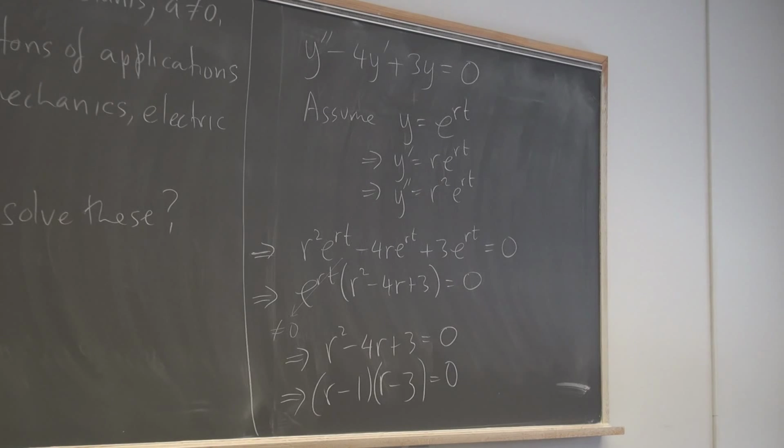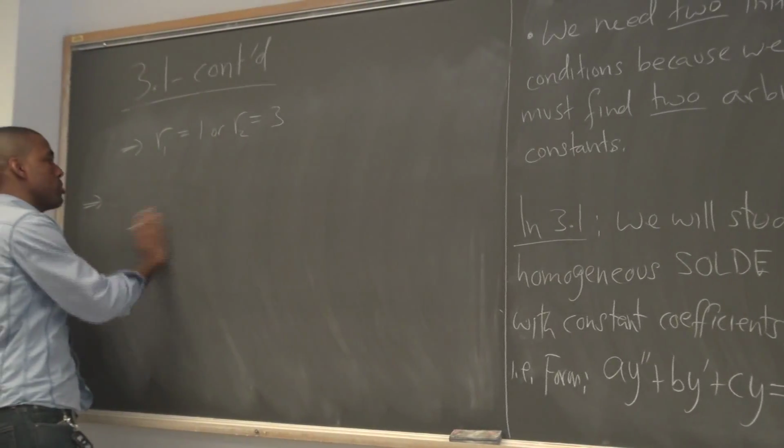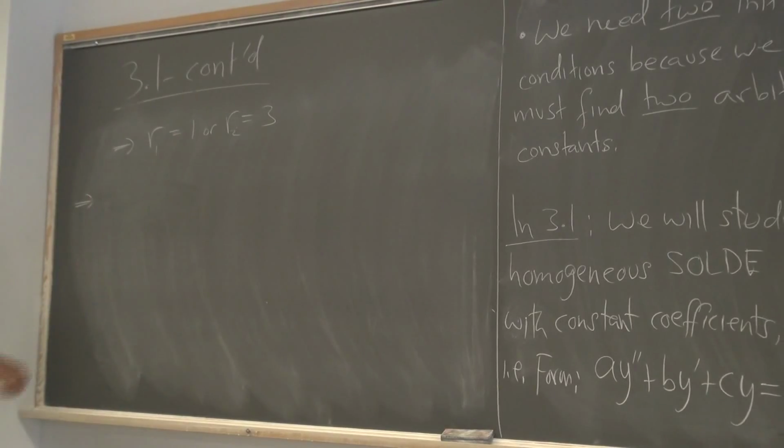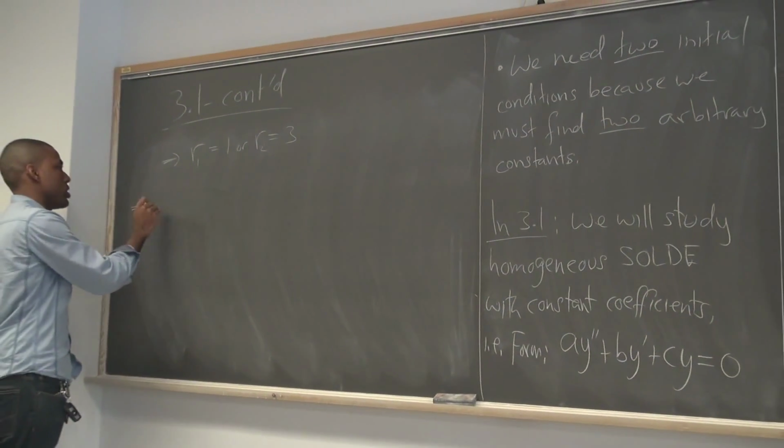So there, you can sort of count them as multiplicity. There are two solutions to this equation, 1 and 3. This means the solution is y equals C1... Let me write it. I want to write this one out in detail. I'll tell you how to write it shorter later on.